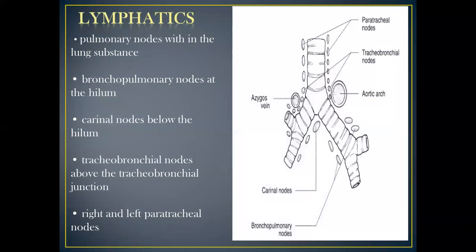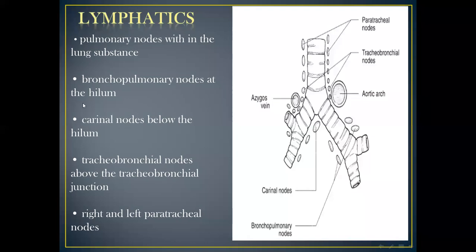Now, regarding the lung lymphatics, we have the pulmonary nodes within the lung substance. Second are the bronchopulmonary nodes at the level of the hilum.